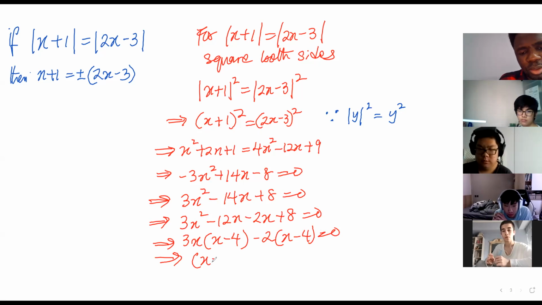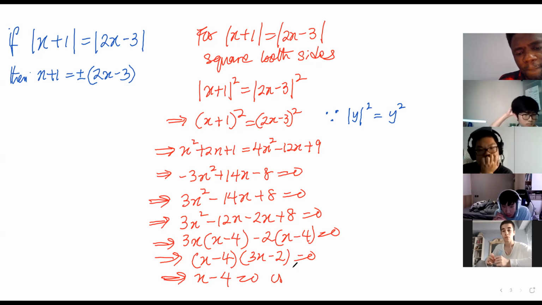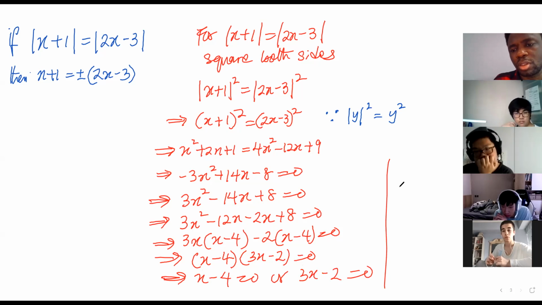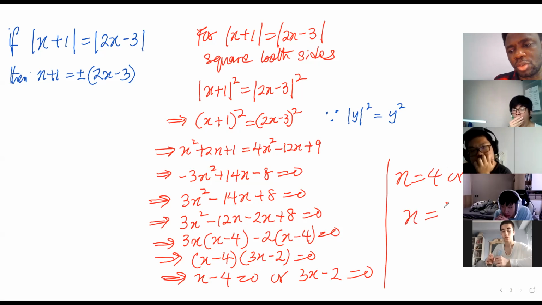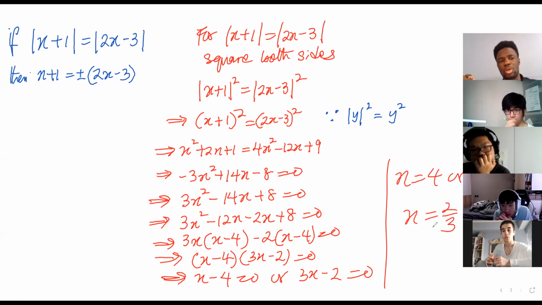So this will be x minus 4 bracket 3x minus 2, which implies either x minus 4 equals 0 or 3x minus 2 equals 0. As a result, x is equal to 4, x is equal to 2 over 3, which is exactly what you got if you use this method.